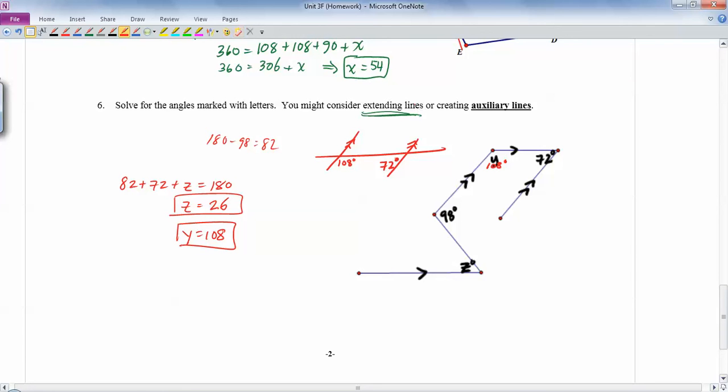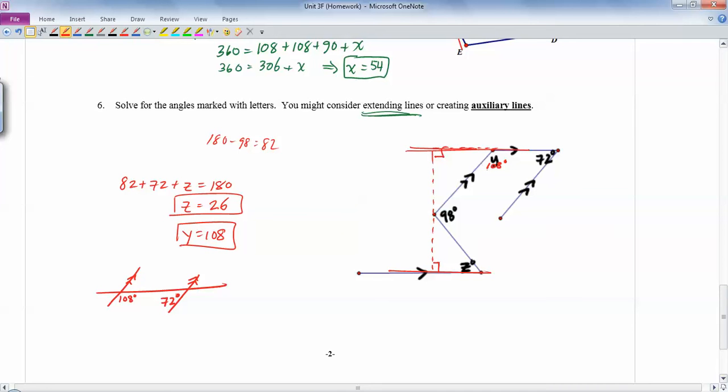And then I'm going to try drawing in a line that's perpendicular to things. So I'm going to draw that one in here. So basically I'm doing slope triangles. The top and bottom are parallel. So if it forms a right angle with one of them, it's got to form a right angle with the other.